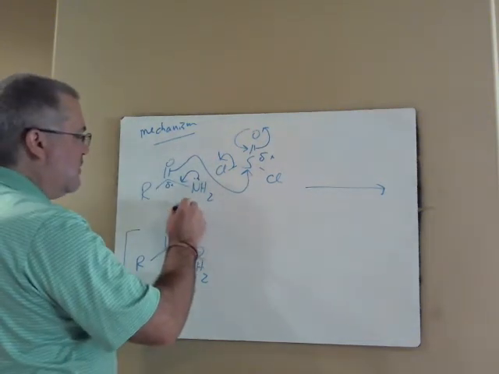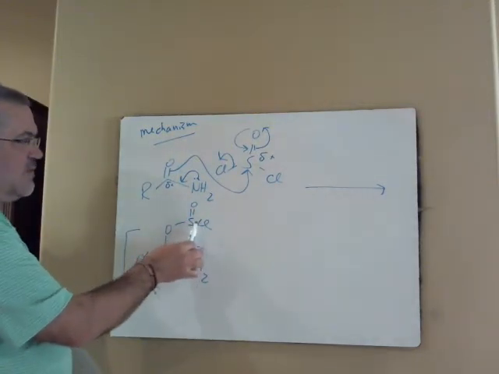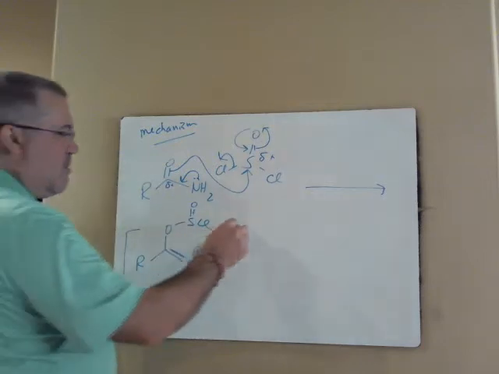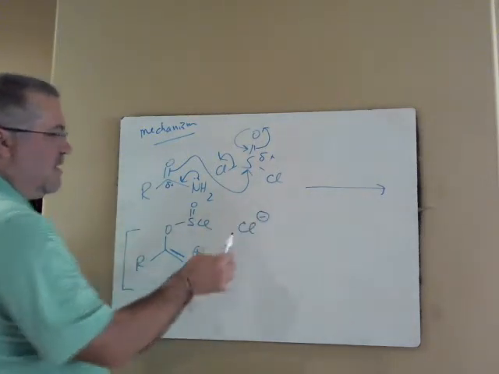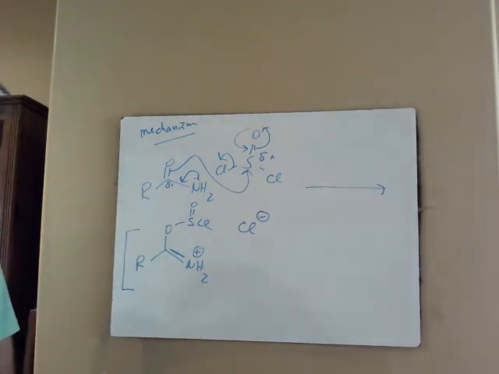And so the result of that is you're going to form this new bond between the oxygen and the sulfur. Okay, you've reformed the carbonyl, and you have the Cl minus that was the leaving group as the counter ion here.